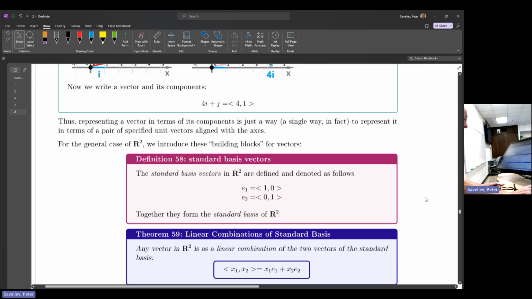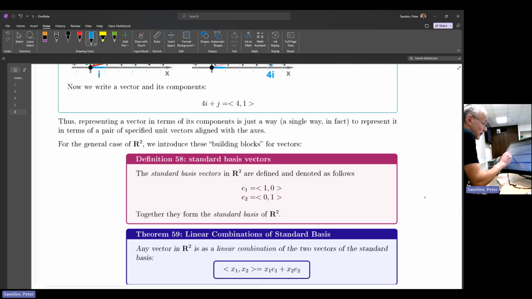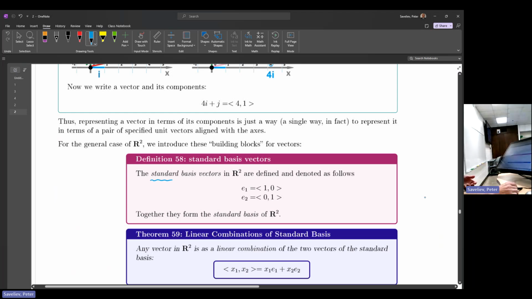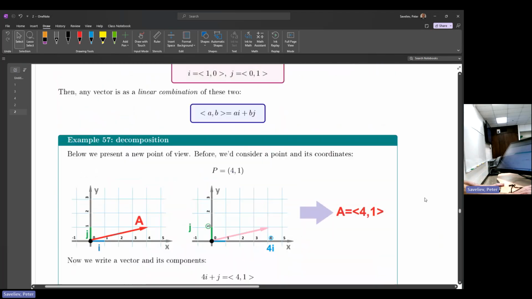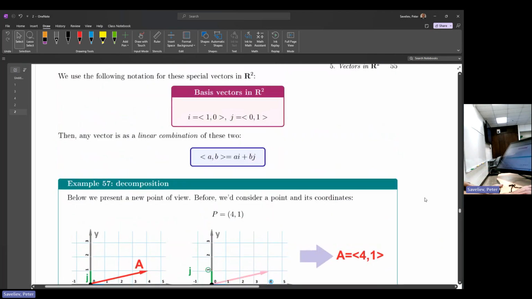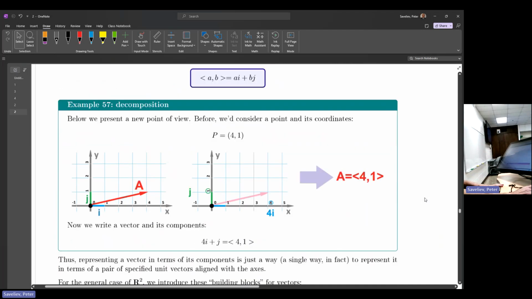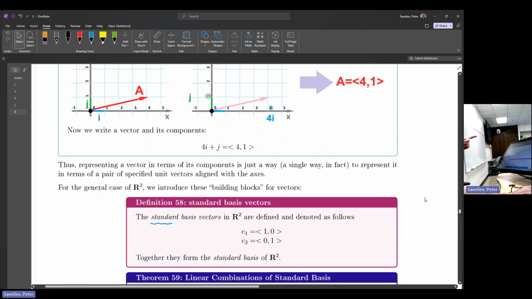Standard basis vectors, with the implication that there might be, in the near future, basis vectors that are not standard. The standards are the ones that align with the axes, but that doesn't have to be the case, because the main thing we want from a basis is this representability. Every vector can be represented in this fashion, and it doesn't have to be necessarily perpendicular.